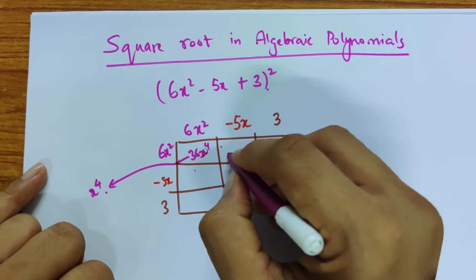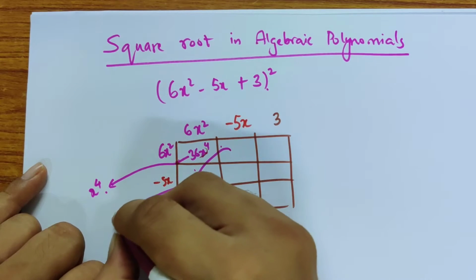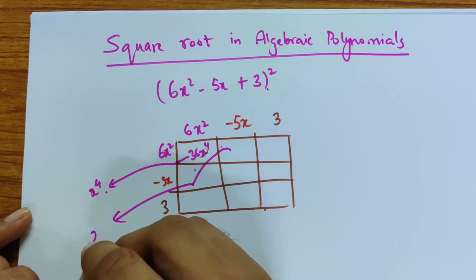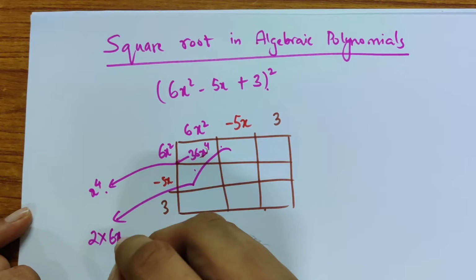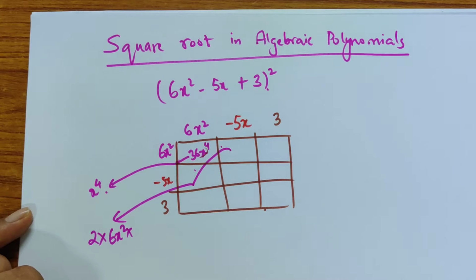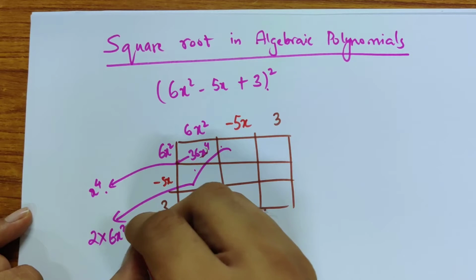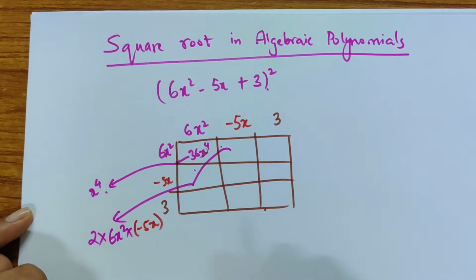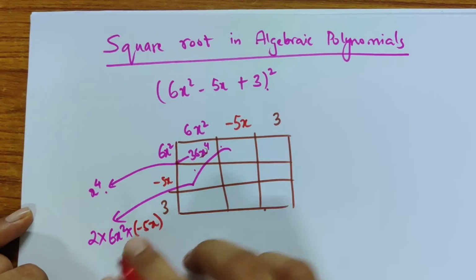So these two essentially give you 2 times 6x squared times negative 5x. So this is the only x cube term.